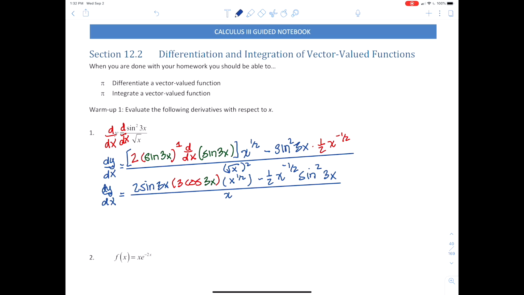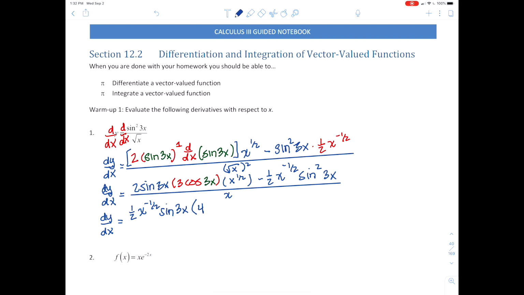Okay, so why don't we go ahead and factor out what we can so we can make this pretty. So we're going to get dy dx. We'll have a factor of 1/2 and x to the negative 1/2. And then we have a factor of sine of 3x. And now, what does the first one need?